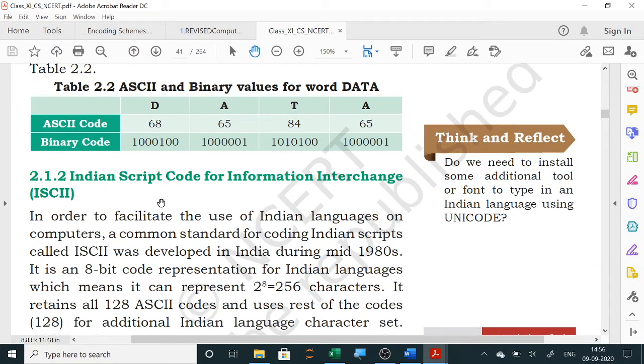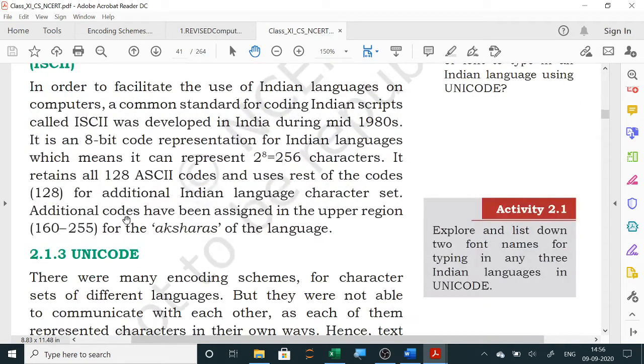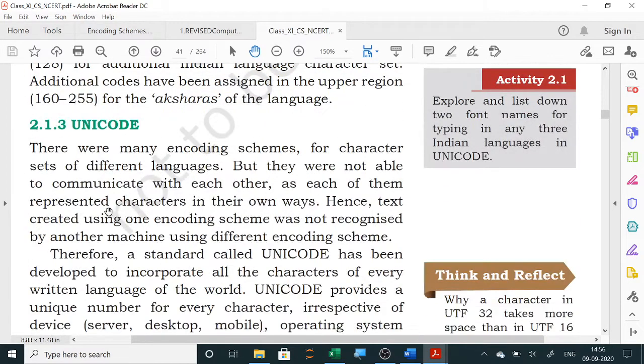Now ISCII was the Indian Script Code for Information Interchange. This was for all the Indian languages. Now next is our Unicode. There were many encoding schemes for character sets of different languages, but they were not able to communicate with each other, as each of them represented characters in their own way. Hence, text created using one encoding scheme was not recognized by another machine using a different encoding scheme.